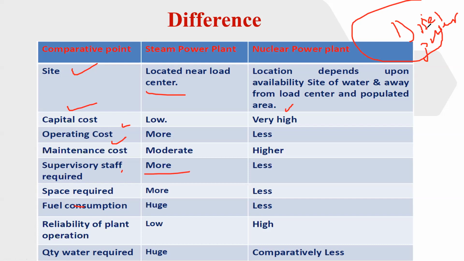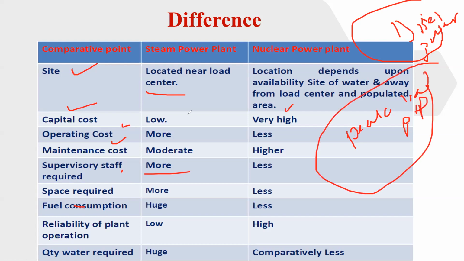Its starting time is very low, so it is included in the peak load power plant. So this is the major difference between the nuclear power plant and the diesel power plant. Depending upon the starting time and how much electrical energy the plant produces, we can classify it as a base load power plant or a peak load power plant.